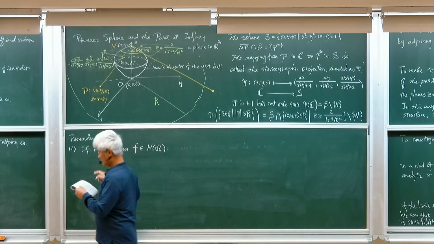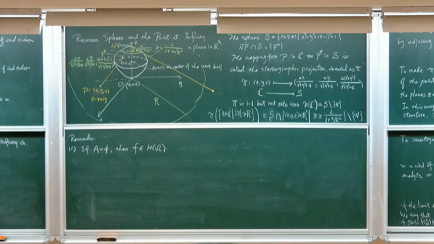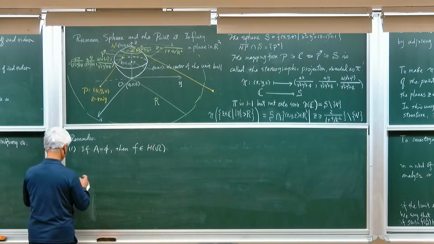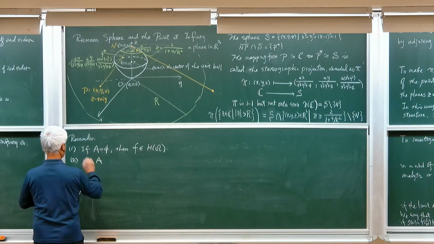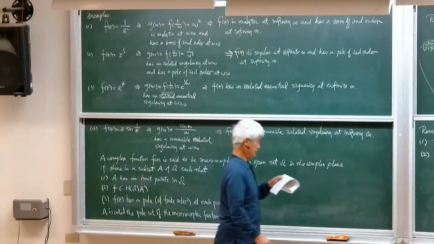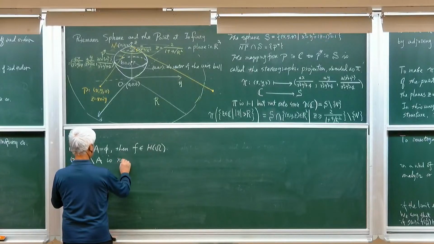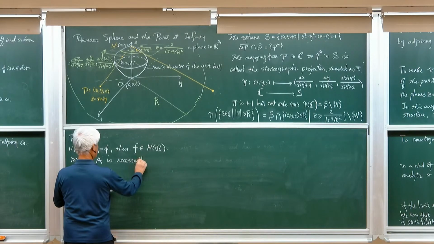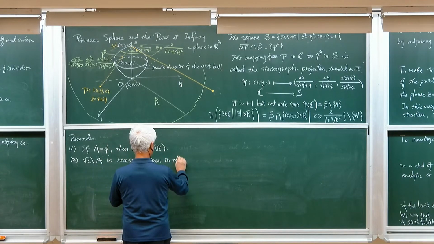So you can think about an analytic function as a special kind of meromorphic function. Second, the set omega set minus A is necessarily open in the complex plane.